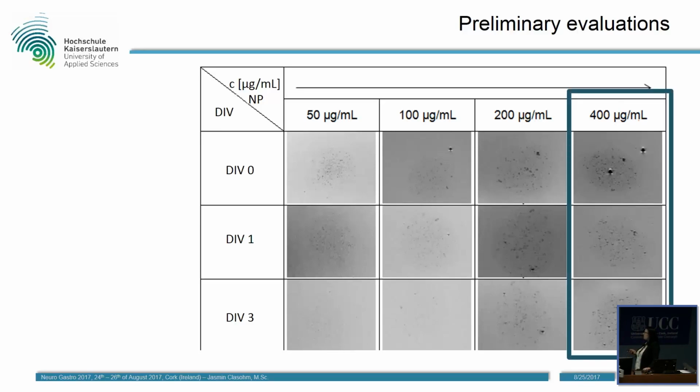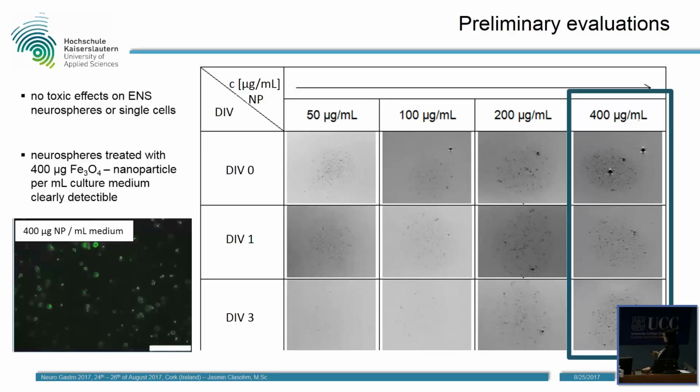However, we decided to use the higher concentration because when we cross-checked the fluorescence signal, not all of our neurospheres or single cells were labeled or showing a green fluorescence signal. We also needed to check if they have some kind of toxic effect at this concentration, so we did a simple PI, propidium iodide staining, to ensure that our cells stay alive during these time points.